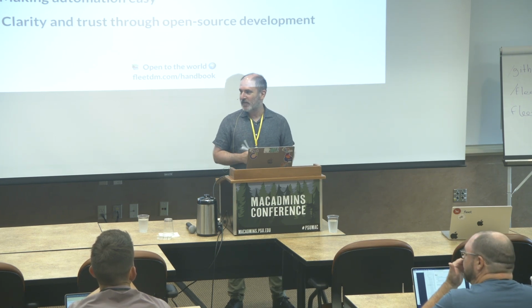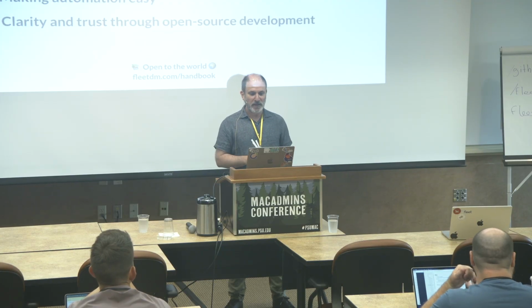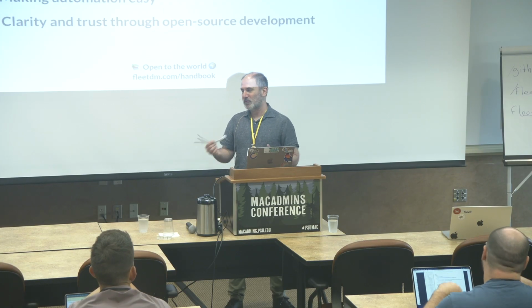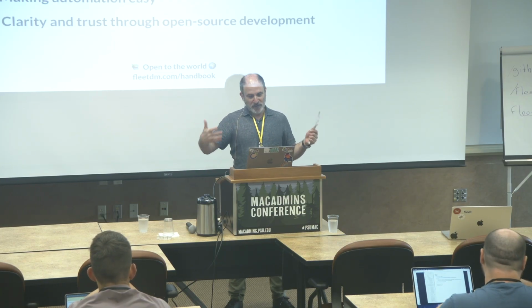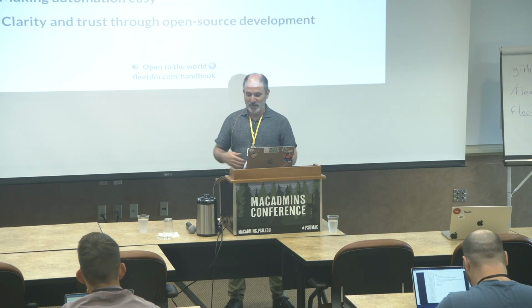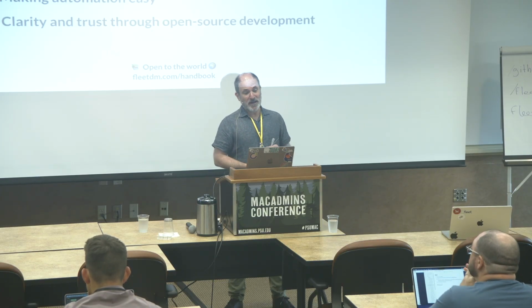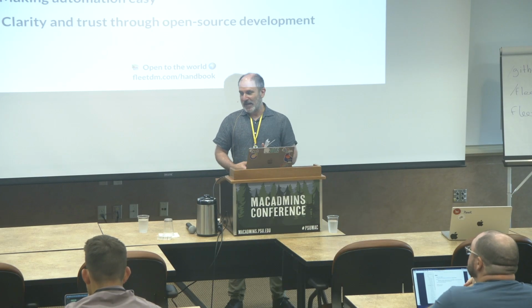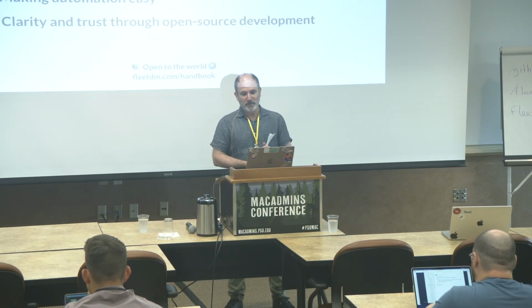Fleet started life as a data instrumentation platform. So when we talk about making security and IT interoperable, that's really what we're talking about. You get the best of the Fleet OS query features along with MDM features built on top of those. Fleet is an API-first design. That's what we mean when we talk about making automation easy. It's something that's built into the product.